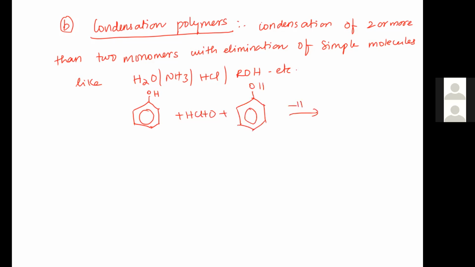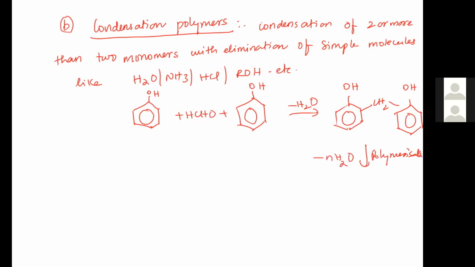I remove water and I have a byproduct. This is an example which helps you understand how this happens. And again, on polymerization, by removing some n moles of water, we get bakelite, which is a polymer as the product.